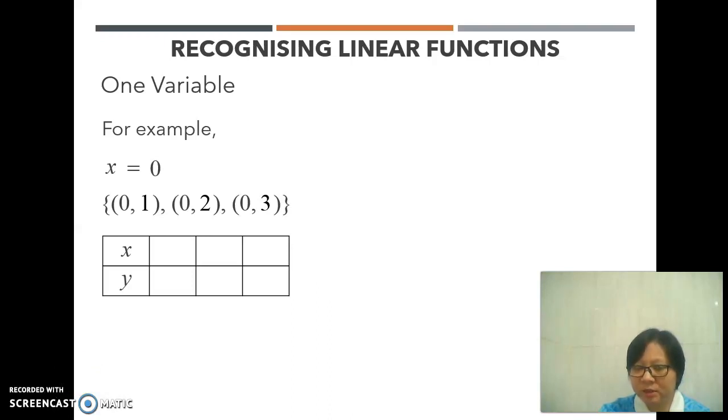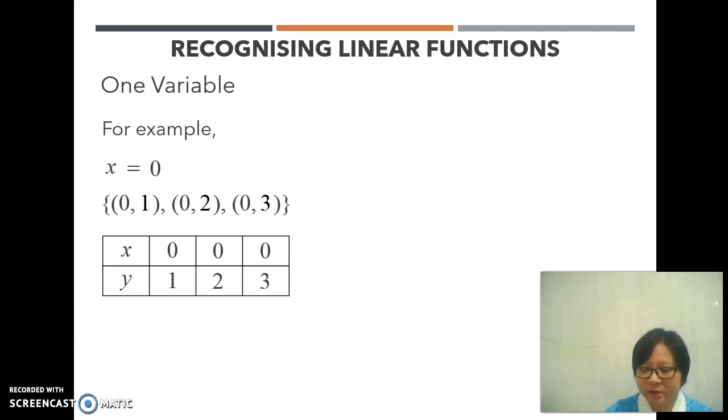Since the x coordinate is always equal to 0, let's write down 0 on the first row, and then for the y coordinate, I chose 1, 2, 3. It's done. Now you have 3 points here.